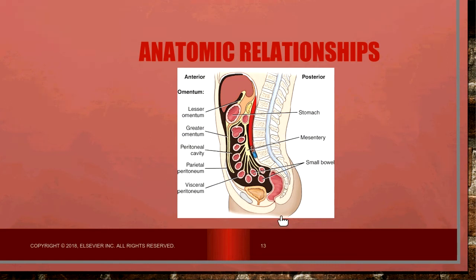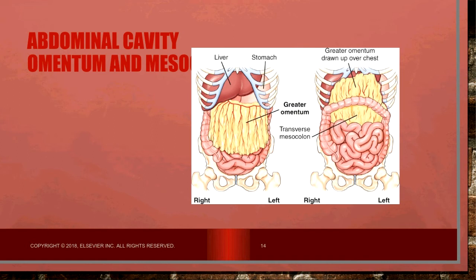So this would be like a side image if you were to slice the patient in half from side to side and actually look at the anatomic relationship in there. Now, when they show you the omentum and the mesentery, they show you that you have greater omentum, and on the last picture we saw lesser omentum. And the greater omentum is basically like a fat drape or a fat sheet.